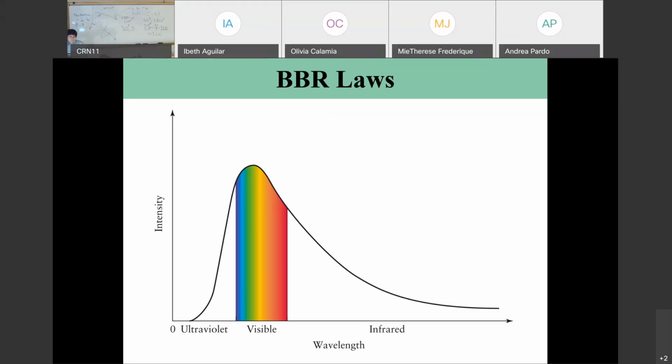You know why we use this? We use this to characterize the intensity and temperature of any body that has some temperature. The sun, a planet, a comet, we can use this to characterize that.